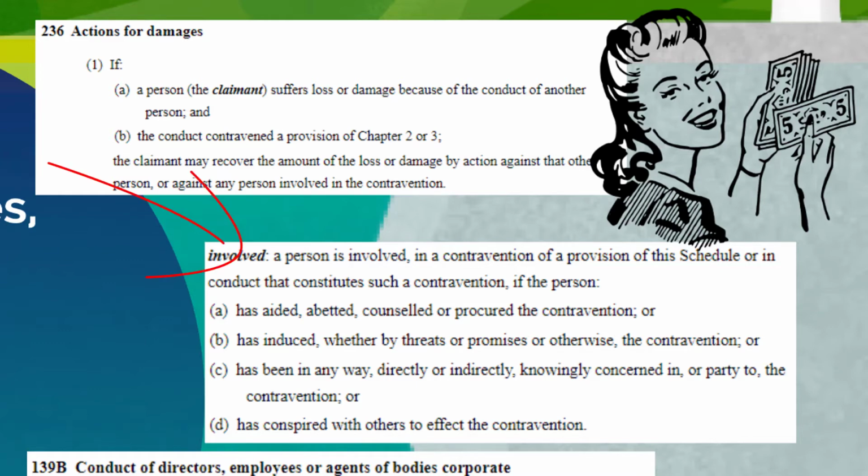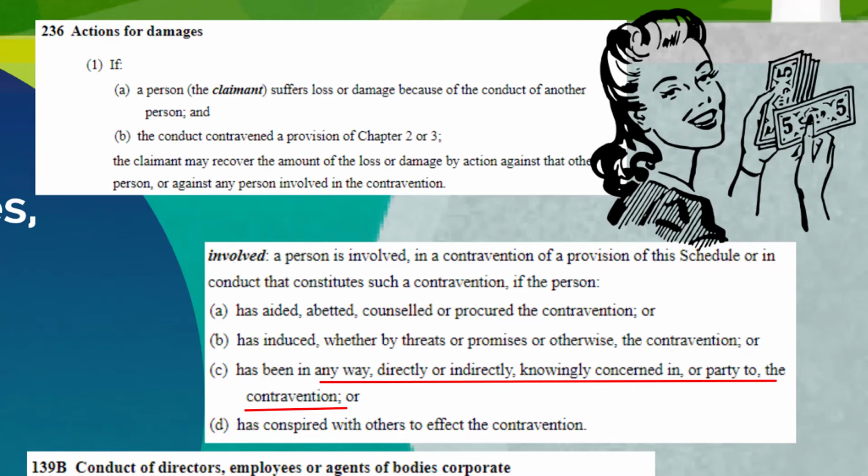So then you go and have a look at the definition of involved, and it says a person is involved in a contravention of, blah, blah, blah, Section 18, if the person has aided, abetted, counselled or procured the contravention, or has induced by threats, promises, or otherwise the contravention, or in any way, directly or indirectly, is knowingly concerned in or party to the contravention, or has conspired naughtily with others.